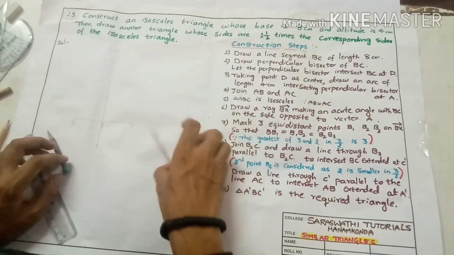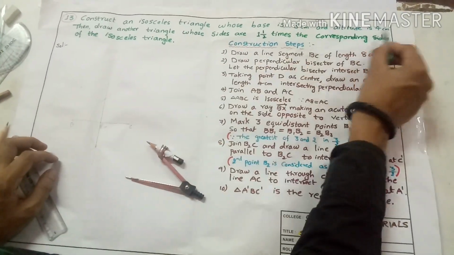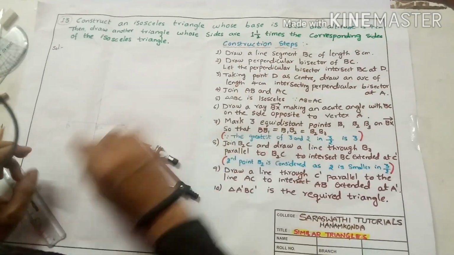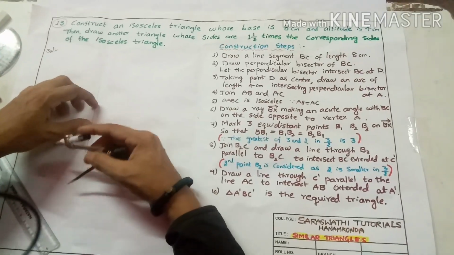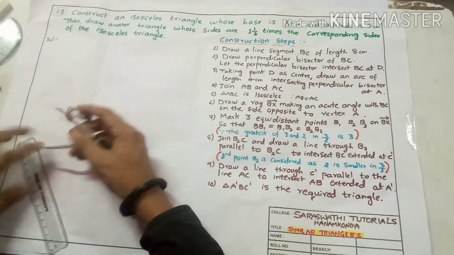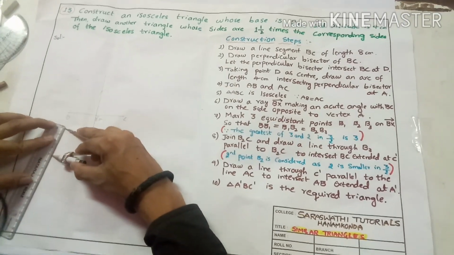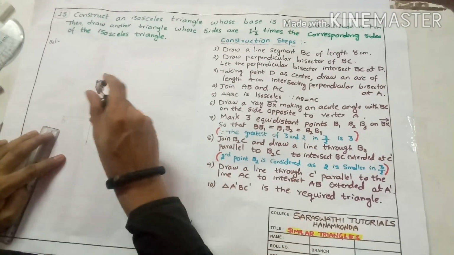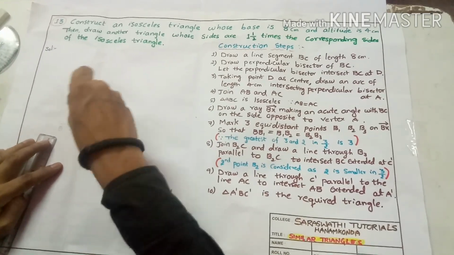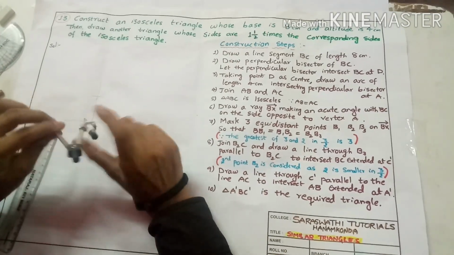Again, since the question says the altitude of the triangle is 4 centimeters, from D mark a point 4 centimeters on the bisector. From D, draw an arc of length 4 centimeters.